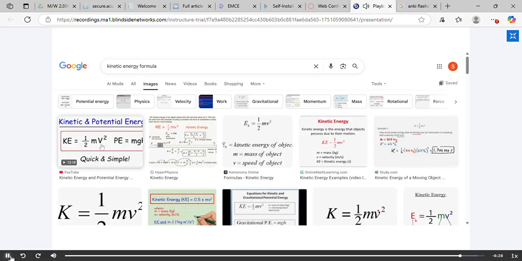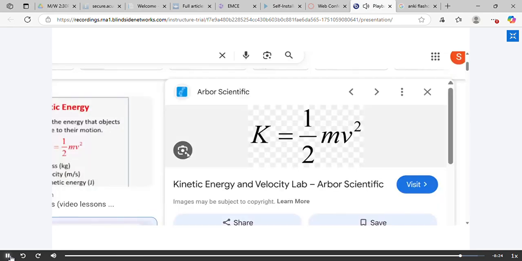Kinetic energy is one half the mass times velocity squared, okay? So you don't have to know specific numbers or anything like that. This is more the concept, especially when we're talking about minute volume for our ventilations and cardiac output for our heart. This is important. So kinetic energy is one half the mass times velocity squared.